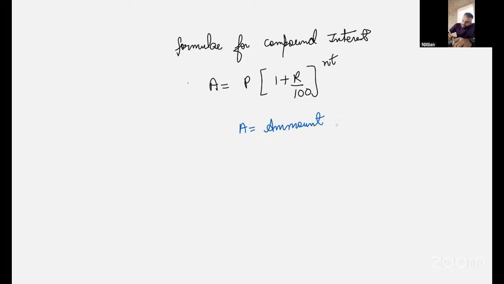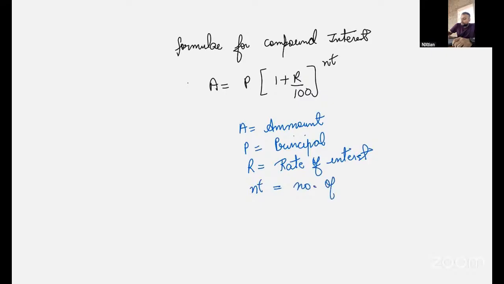P stands for principal, R stands for rate of interest, and T is the unique term which is called as number of times. Now I am making it very easy for you guys.